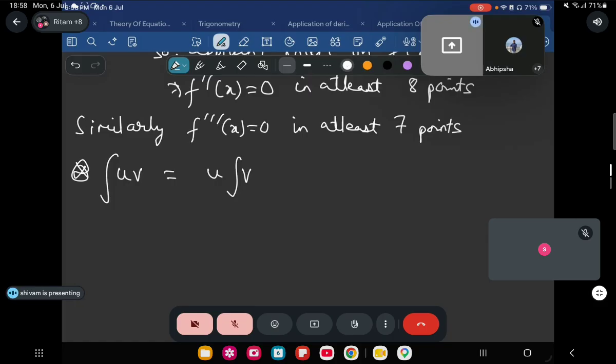Generally there is a rule, which I'm going to discuss in the next chapter. Is it clear?